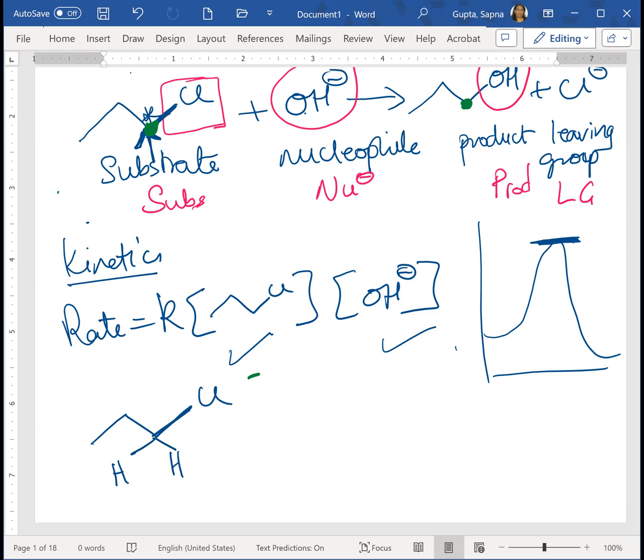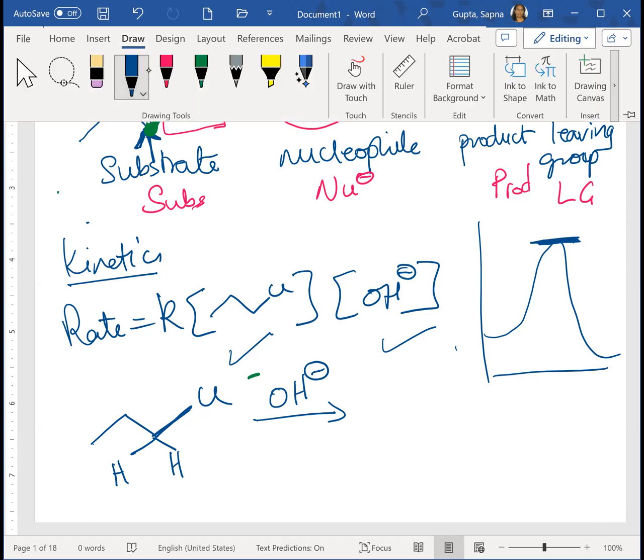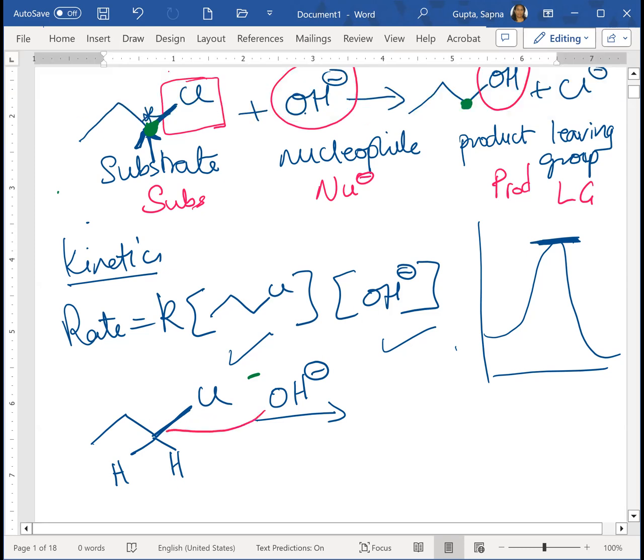So now what we are saying is that both the molecules are involved in the transition state. So learn to write on the arrow, and I'm going to explain all of this to you. Write on the arrow the hydroxide. So hydroxide comes in, and if you want, change the color of your pen. This is attacking this carbon right here.